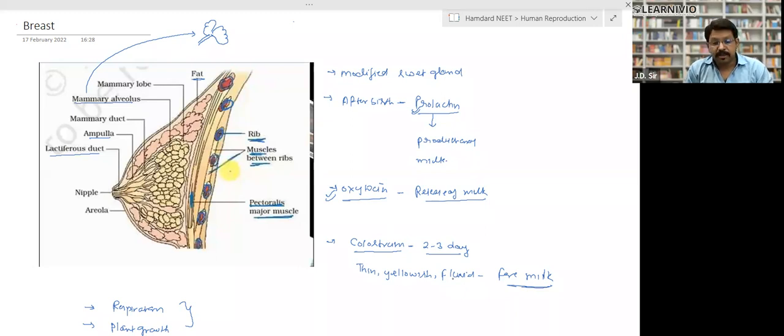On infant's birth, the hormone prolactin, very important, underline, is released, which stimulates production of milk.